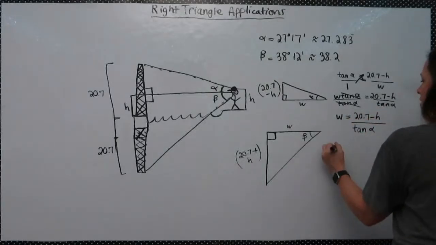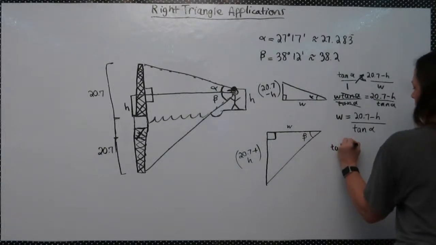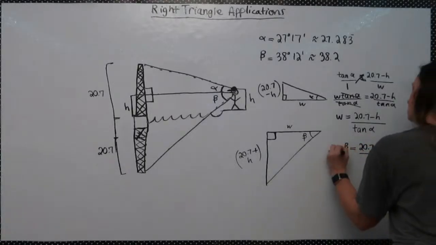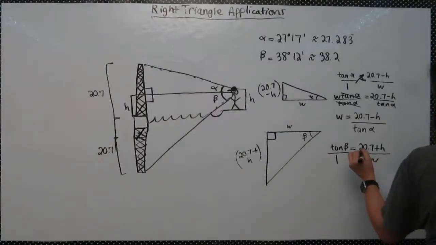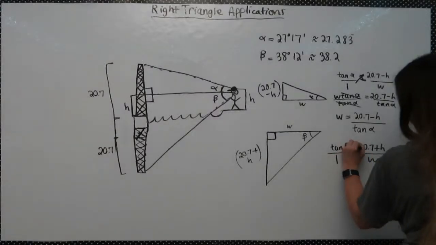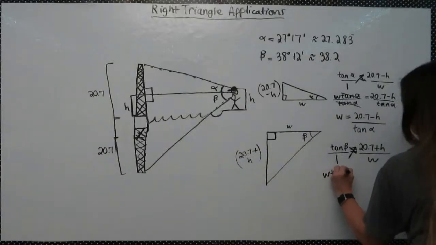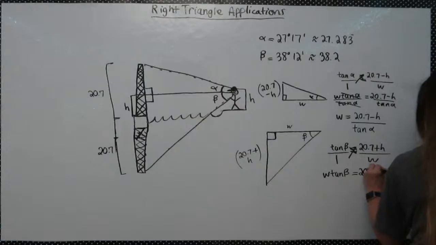And then down here, where we have tangent beta equal 20.7 plus h over w, we solve this one in a similar manner using cross multiplication. It gives you w tan beta equals 20.7 plus h.